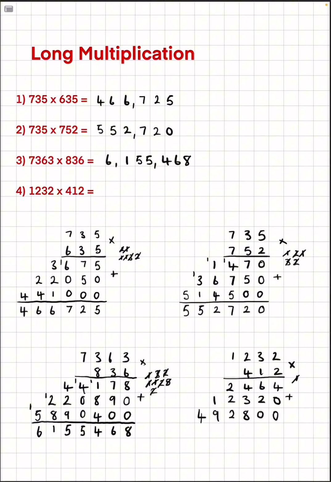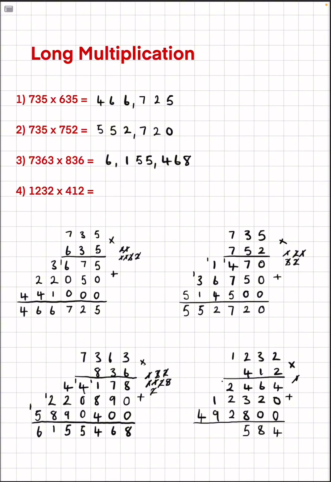Now we're going to add these numbers together to get our answer. 4 add 0 is 4. 6 add 2 add 0 is 8. 4 add 3 add 8 is 15.